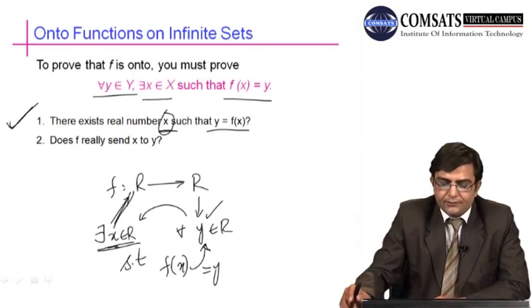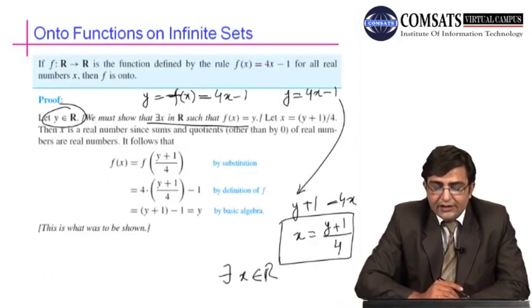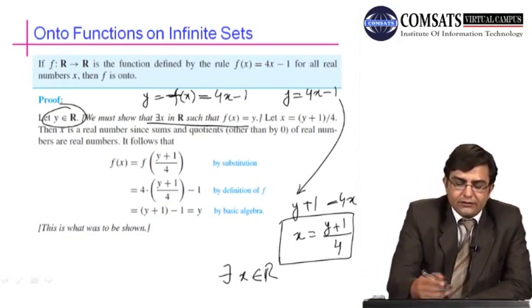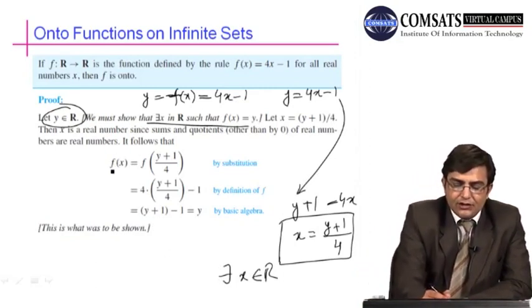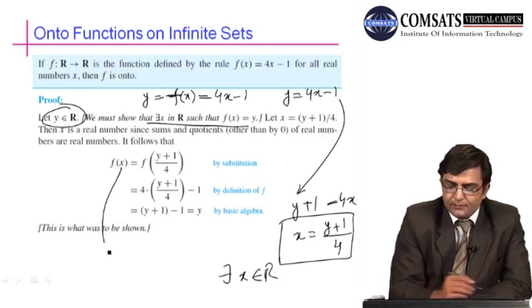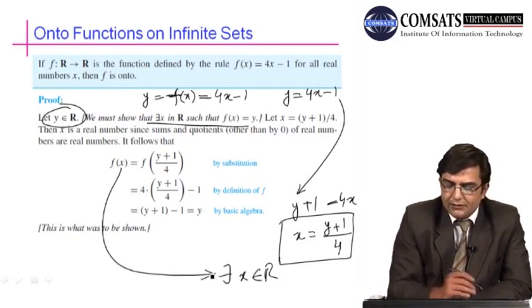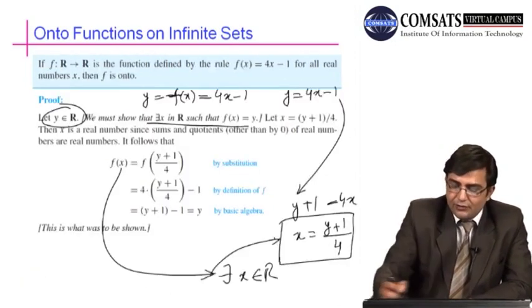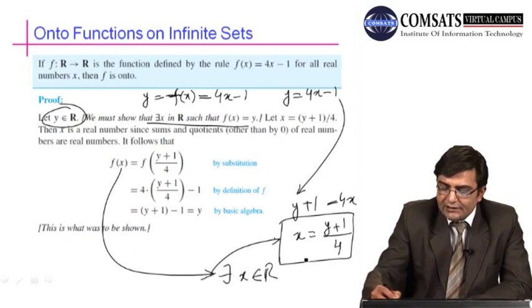Now the second: does f really send x to y? Now the function f of x, we substitute x here, we have calculated that x is equal to y plus 1 divided by 4.